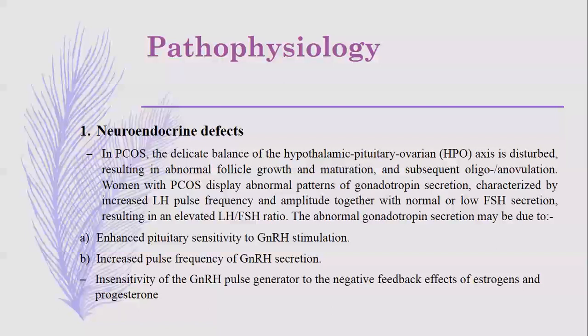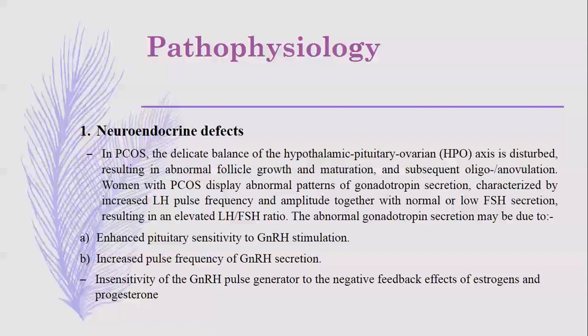Here, in the patient with Polycystic Ovary Syndrome, we know that the hypothalamic-pituitary-ovarian axis, which should be intact in any patient with a regular cycle, is disturbed.